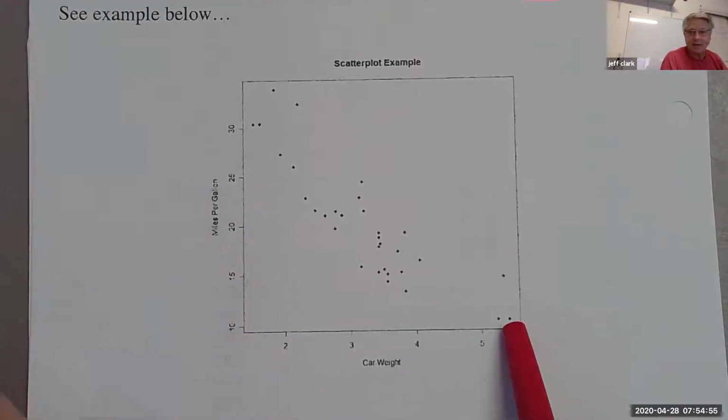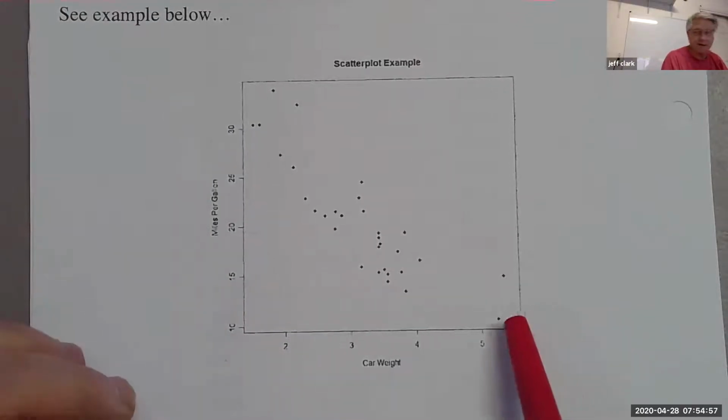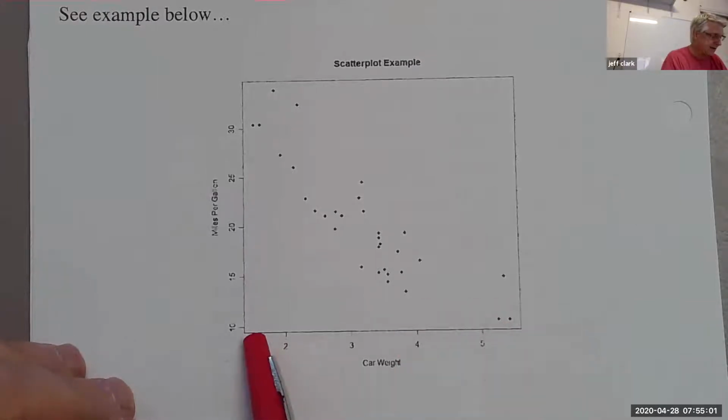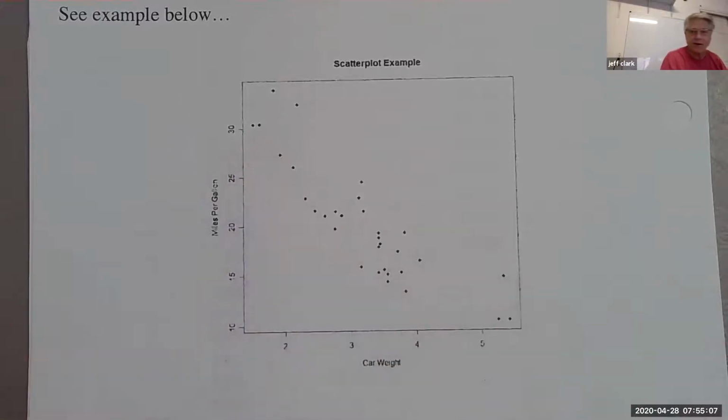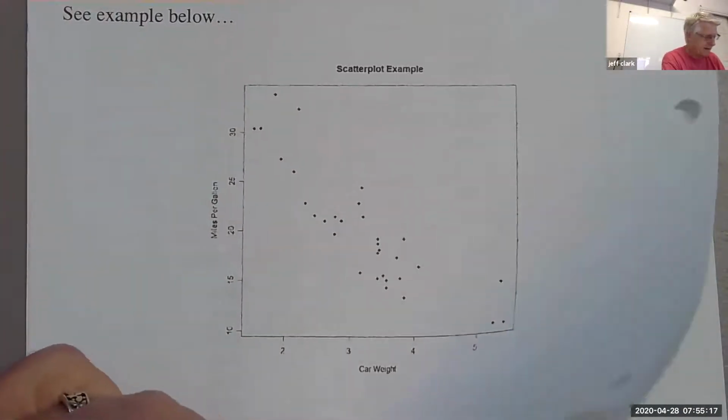Let's say it's a Hummer, one of those big heavy Hummers. Probably not going to get very good gas mileage, versus something that's very lightweight, you're going to get something even better. That's what this is showing. Is there a relationship between the weight of a car and the gas mileage that it gets? That's an example we're going to take a look at.